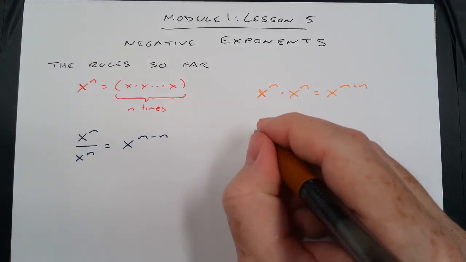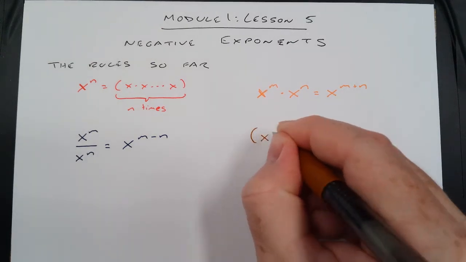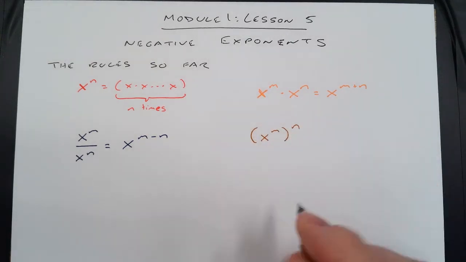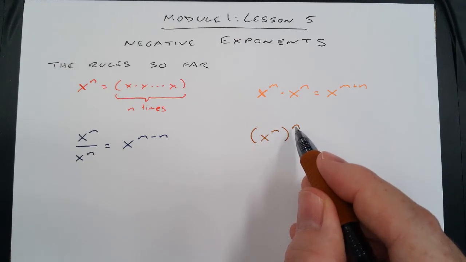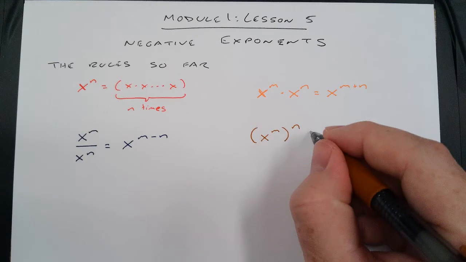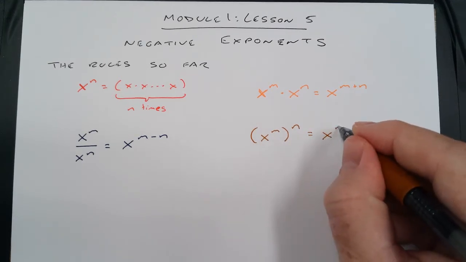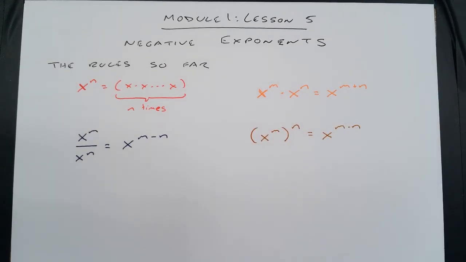And then when we talk about exponents with parentheses, we saw that when we have x to the m as a base with an n outside the parentheses, we can multiply the exponents.